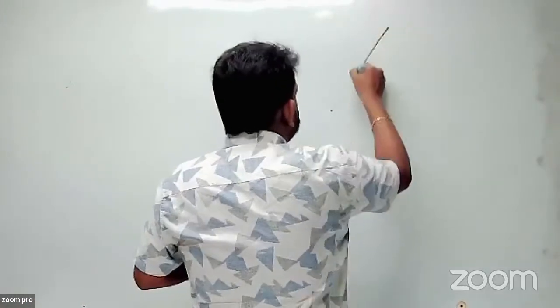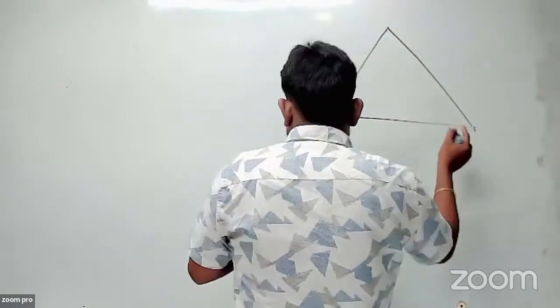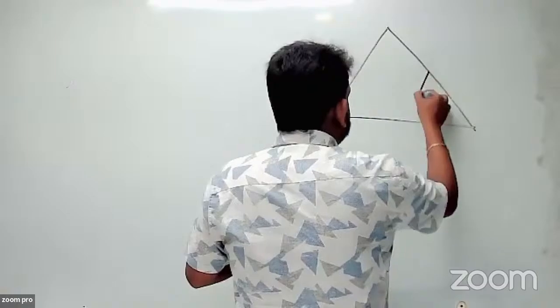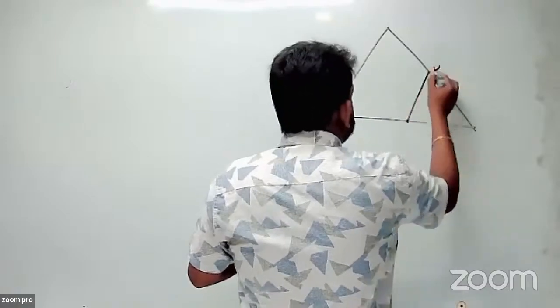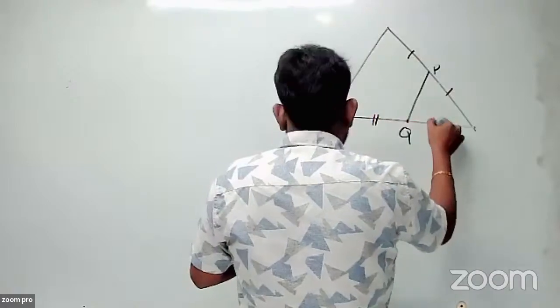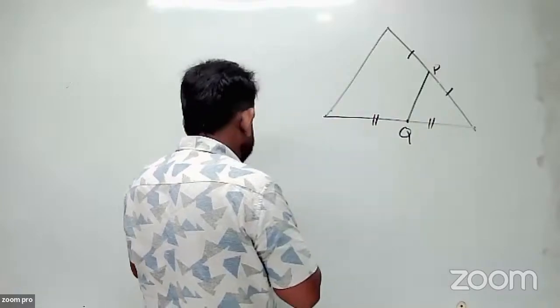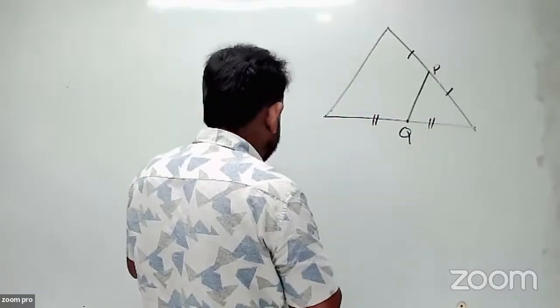This is the sketch given. See there, PQ, and these two sides are equal, these two sides are equal. Write the relationship between PQ and AC.